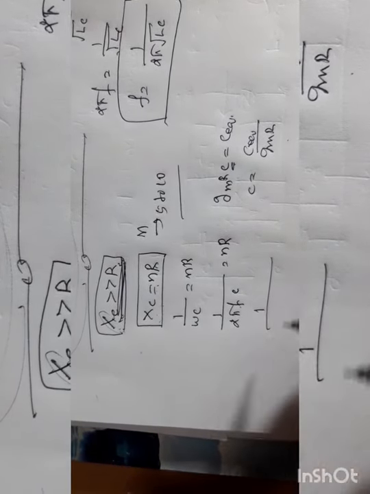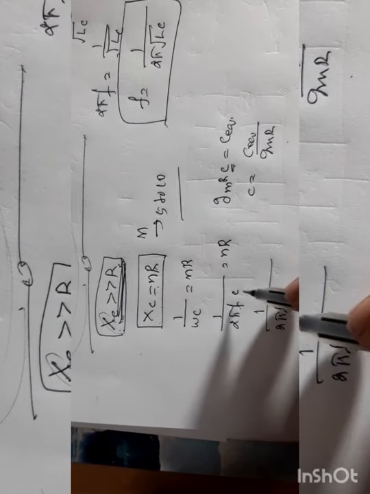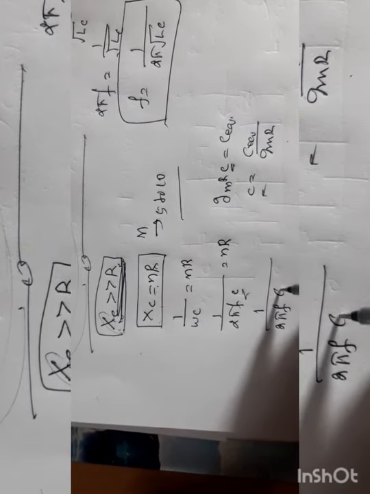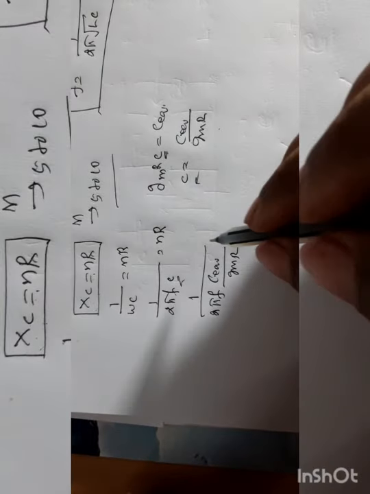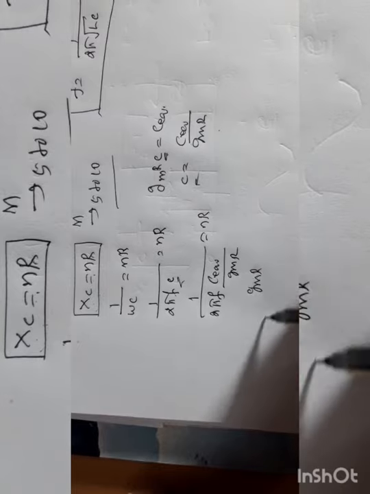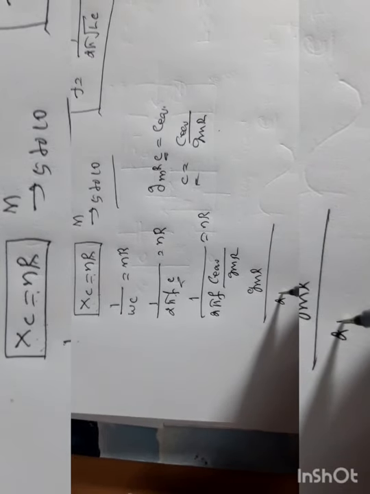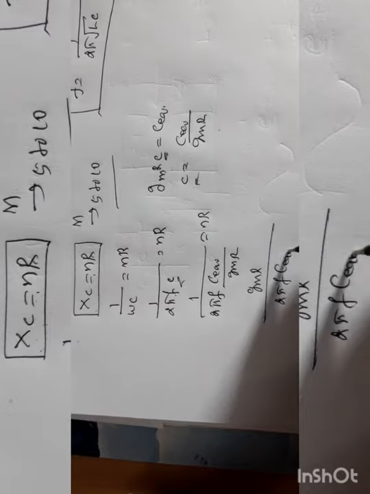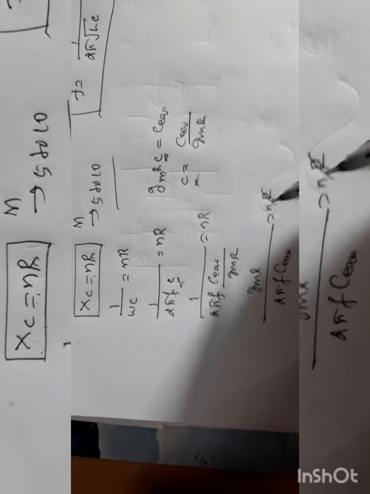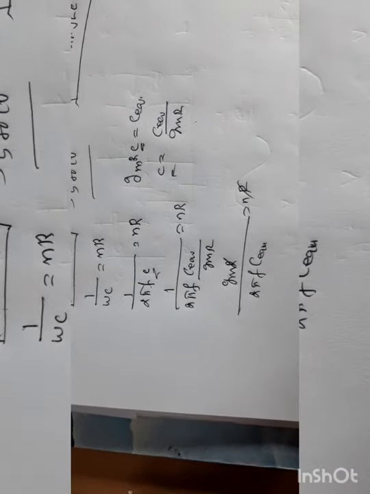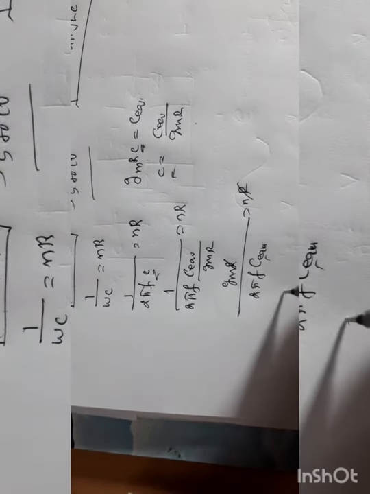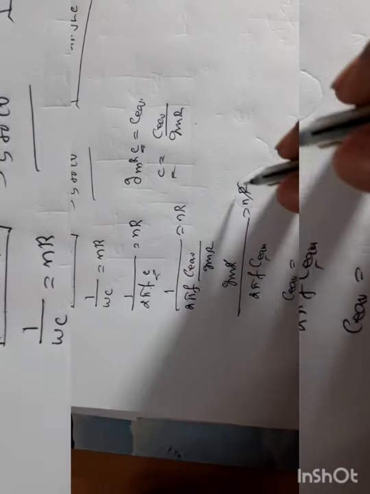You get 1 over 2 pi F into, where C is C equivalent divided by GmR, equals NR. When it goes up, we get GmR divided by 2 pi F C equivalent equals NR. R and R get cancelled. Therefore, finally, C equivalent is equal to, by cross multiplication, Gm divided by 2 pi N.